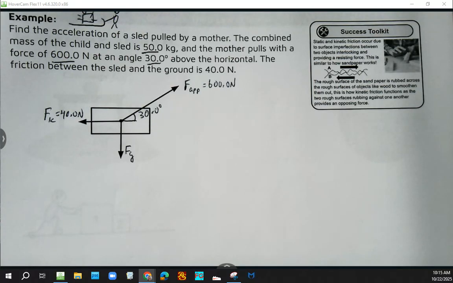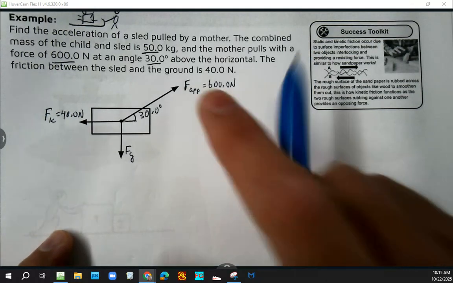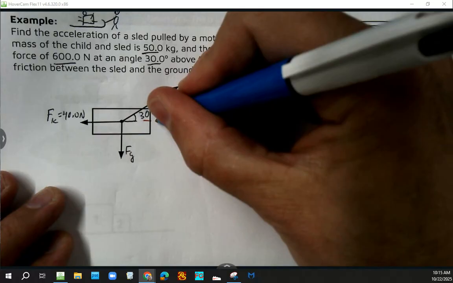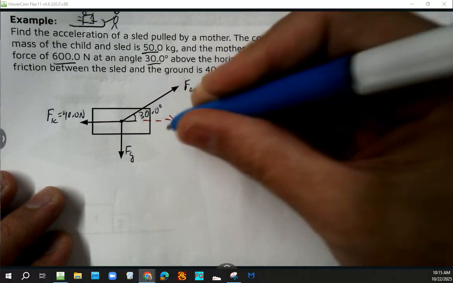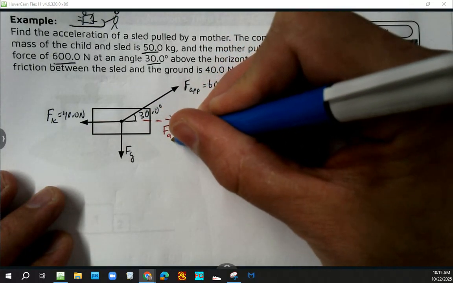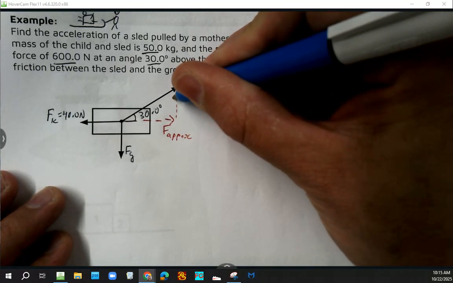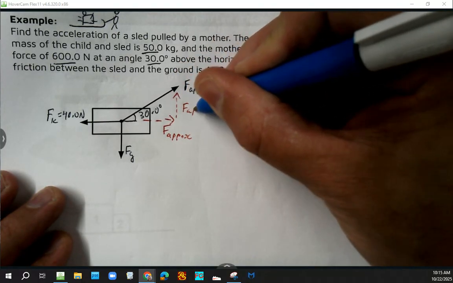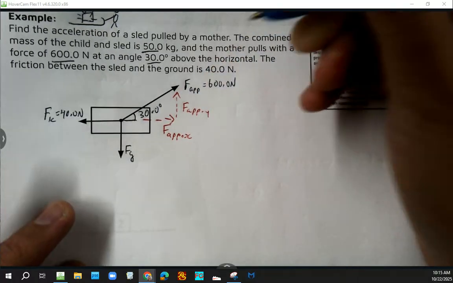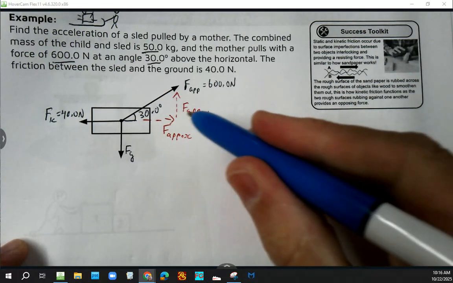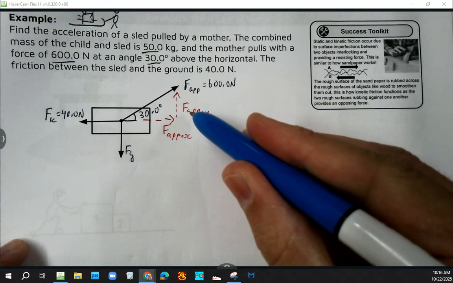What can we figure out? Oh, you know what? If we apply a force upwards, it's going to have an X component and a Y component. So we're going to have an F applied X, and we're going to have an F applied Y. Now, as I look at this, if I wanted to come up with an equation for F applied Y, isn't it the opposite?